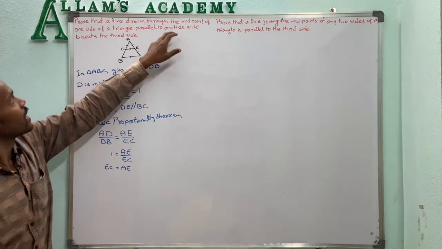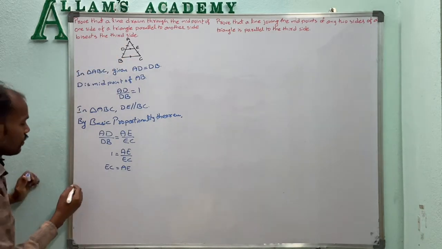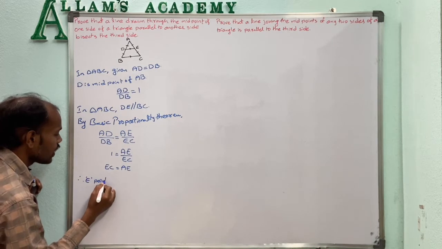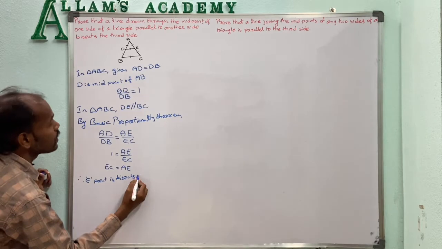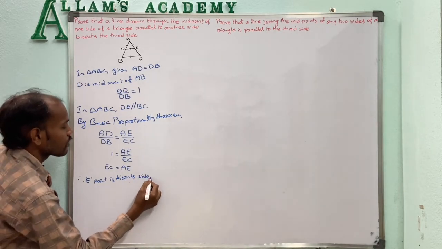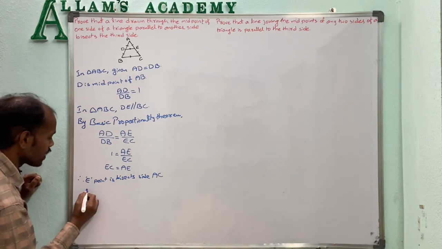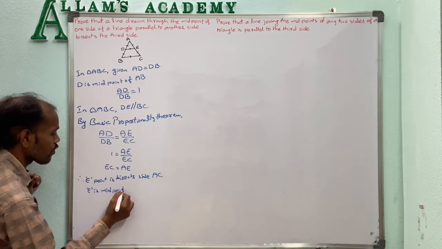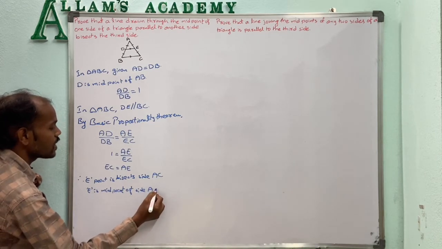That means the other side also bisects the third side. So therefore E point bisects side AC.